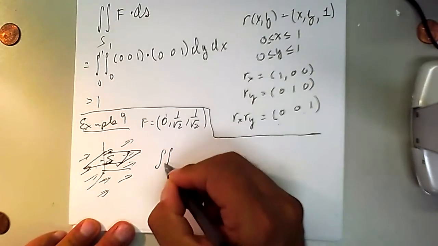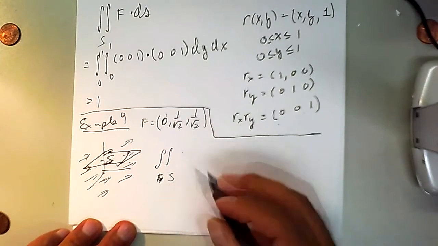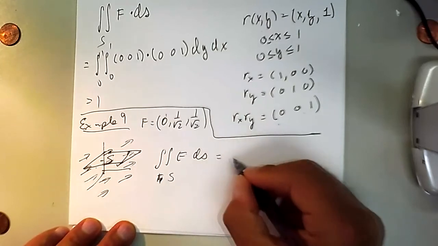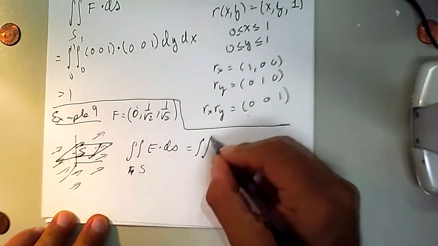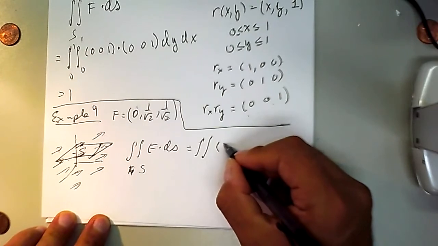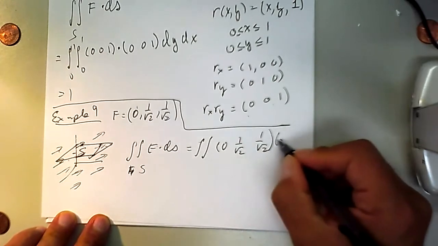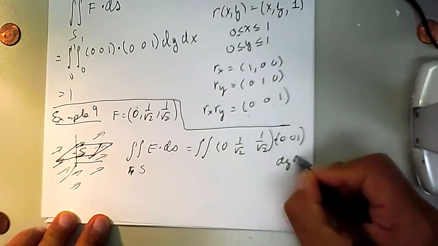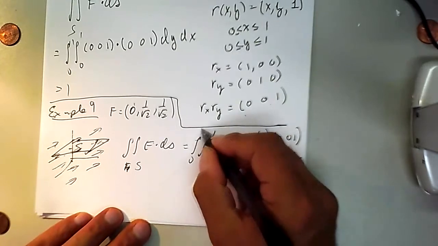So the double integral, the flux of F with respect to the surface S, will be the double integral from 0 to 1 on x and y of 0, 1 over the square root of 2, 1 over the square root of 2, dotted with 0, 0, 1, dy dx.